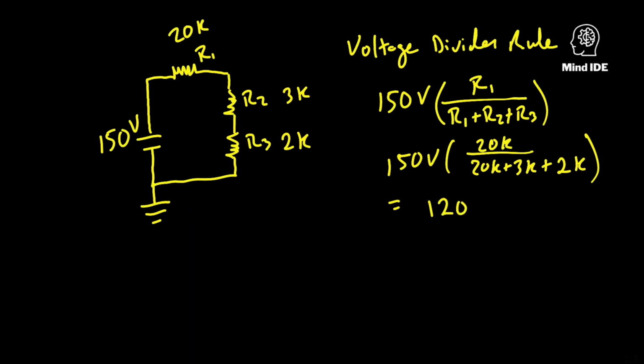So you can either go 20,000 divided by 25,000, or since these are all going to cancel anyway, you can just write it like that. So 150 times that is 120 volts.